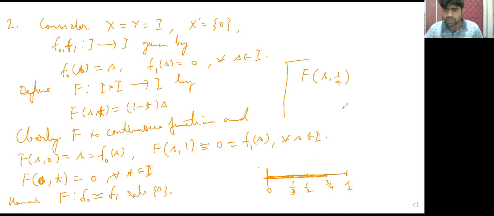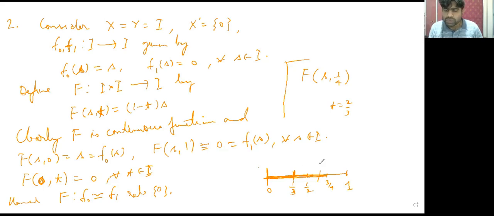When t equal to 1 upon 3, it is 2 upon 3, so it will be mapped somewhere here maybe, and when t equal to 2 upon 3, the whole interval is mapped to this one.